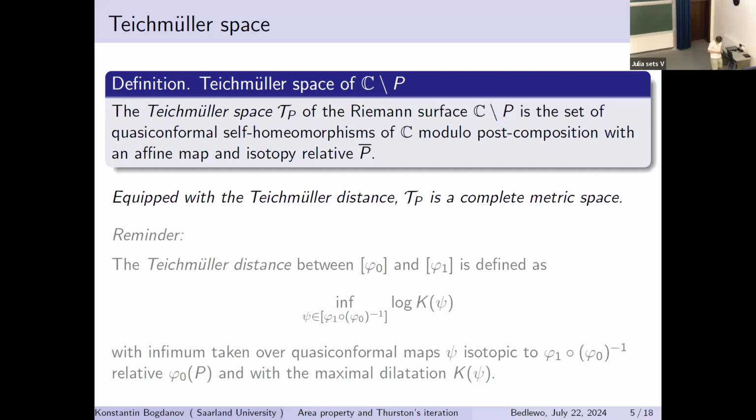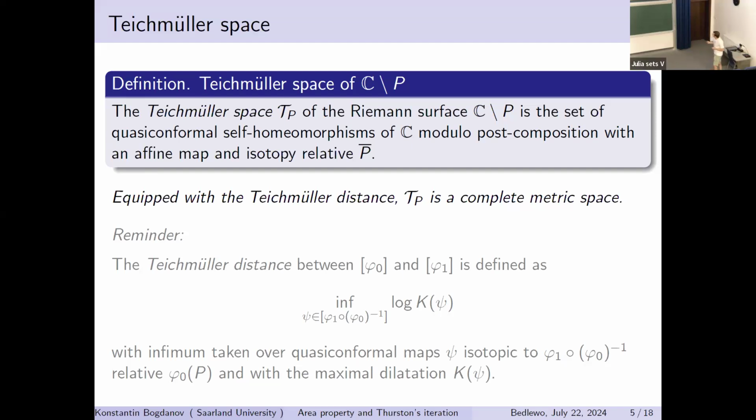Okay, but before moving further, let me define the Teichmüller space for you. Different definitions are possible, but this one is most suitable for us. So the Teichmüller space T_P of the Riemann surface C minus P, where we implicitly assume that P is closed, or if it's not closed, you can take the closure of P, is the set of quasi-conformal self-homeomorphisms of C modulo post-composition with an affine map and isotopy relative to the closure of P. What we need to know is that, equipped with the Teichmüller distance, the Teichmüller space is a complete metric space.